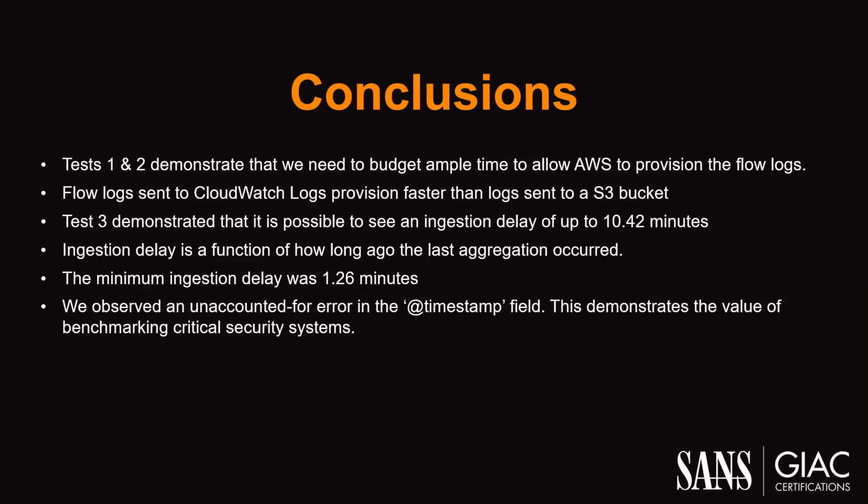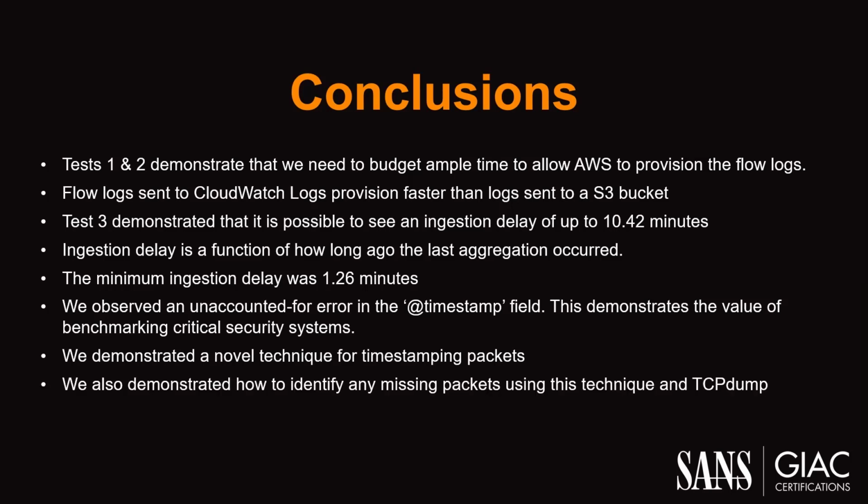In this experiment, we demonstrated a novel technique for timestamping packets that will be reduced to a flow log by using the source port field. We showed how to verify the accuracy of the technique by comparing the epoch time calculated from the source port with the time logged by TCP dump.